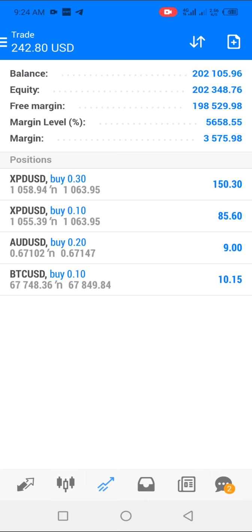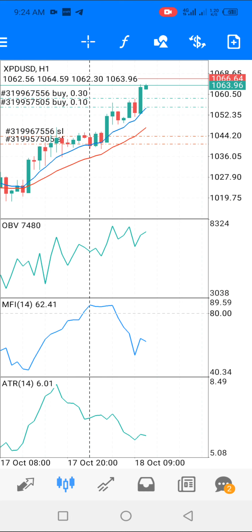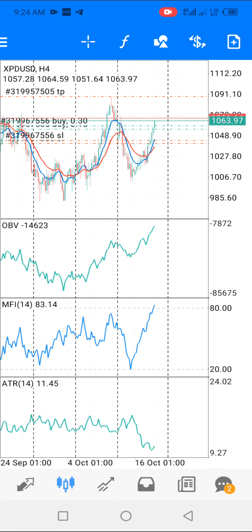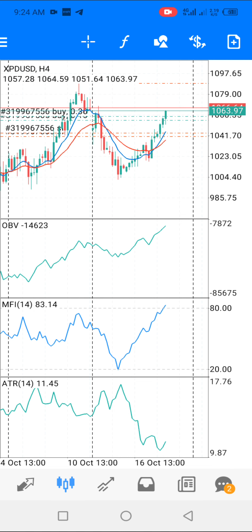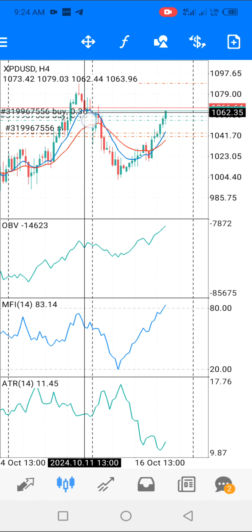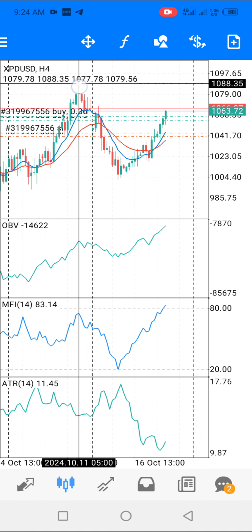We already had our 0.1 lot size since yesterday it was opened, and we saw that the price target has a long way to go up. So I decided to open another position, and that's why we have two palladium positions, and we can see it's just pushing towards our take profit, which is this red line you can see here.